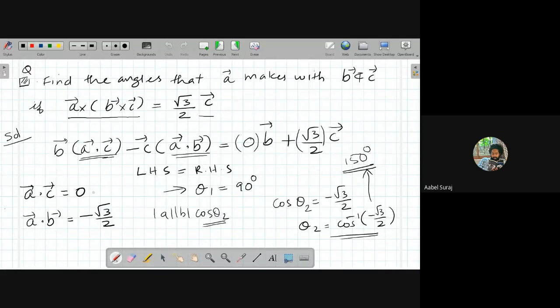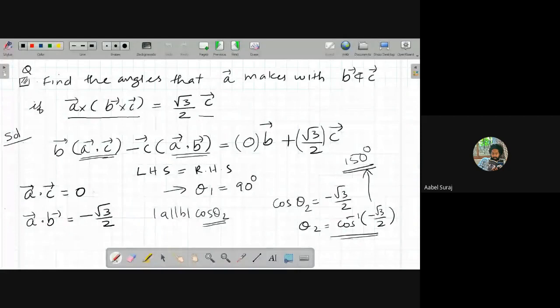I know what you are saying, because that modulus of A modulus of B will have some values, right? If you are comparing that, you only need to look for the angle. I also have some doubt with that problem, because right away they are taking theta as 90 degrees, since A dot C is equal to 0.